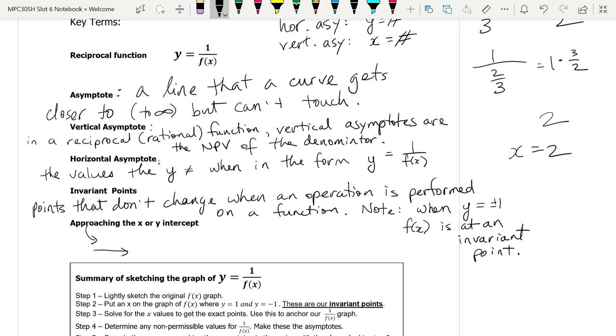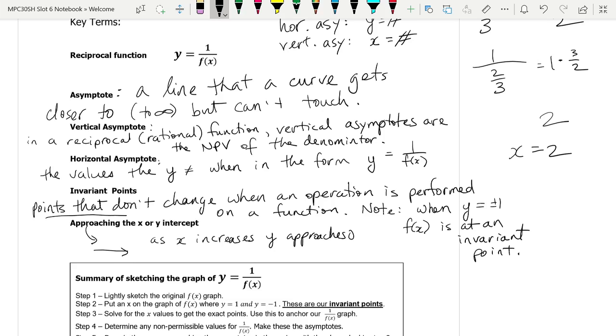So when you are approaching an x or a y intercept, you are actually heading towards a situation where you have basically an asymptote. So for example, if I were to say that as x increases, y approaches 0.